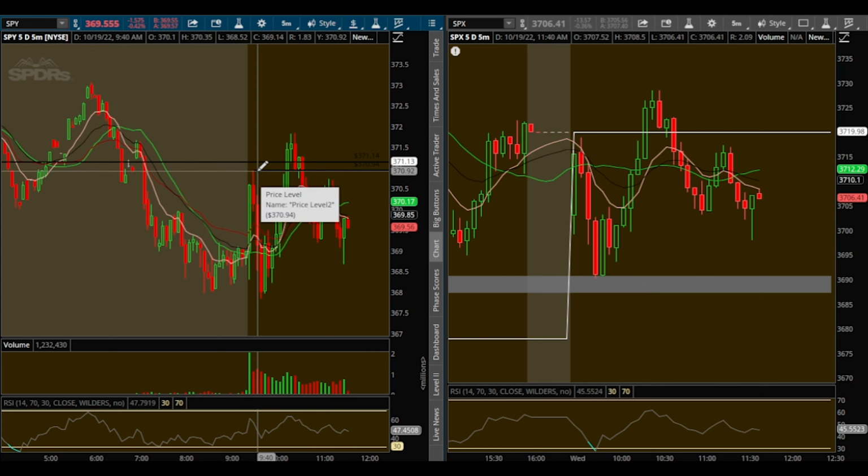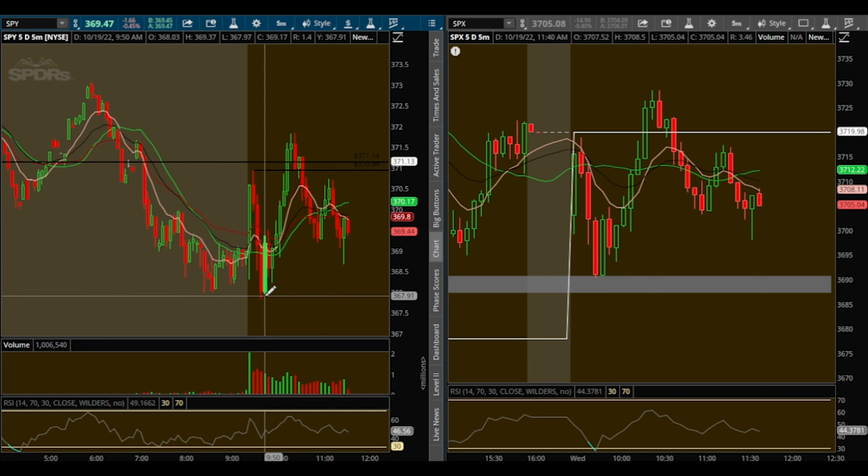And honestly, I took an entry at the top of this candle, right next to the 371, which is only a 10, 15, 20 cent early entry. Very good entry. I don't even know if I would call it an early entry because it was right there at that level. So we got in here with puts and had this nice push down.